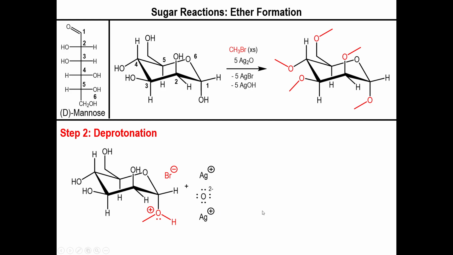But the interesting thing about this base is that yes, technically speaking, it's a strong base because oxide is a lot stronger base than hydroxide. But this is an insoluble salt. That said, there's a little bit of an incongruency between silver plus, which in inorganic chemistry we refer to as a soft cation or a soft acid, and oxide, which is what we consider in inorganic chemistry a hard base.